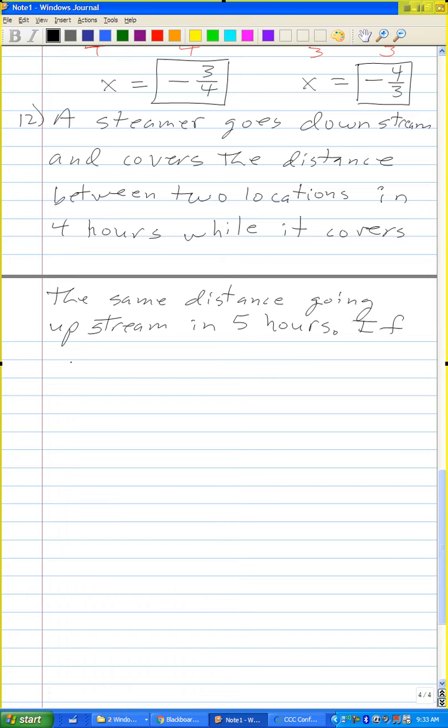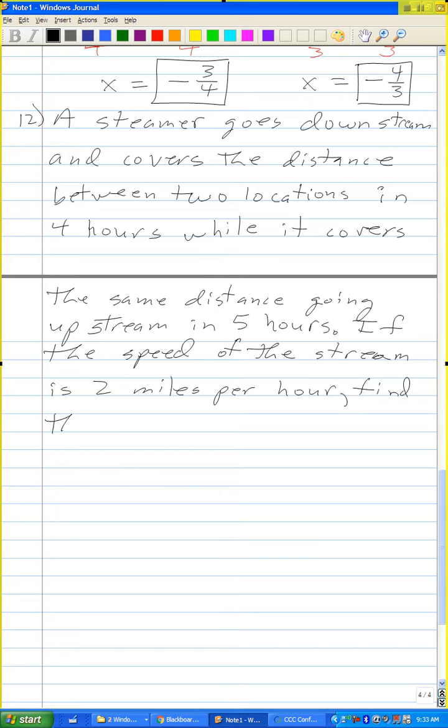If the speed of the stream is 2 miles per hour, find the speed of the steamer in still water.